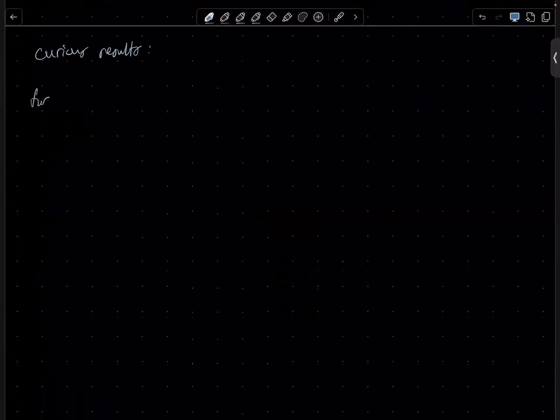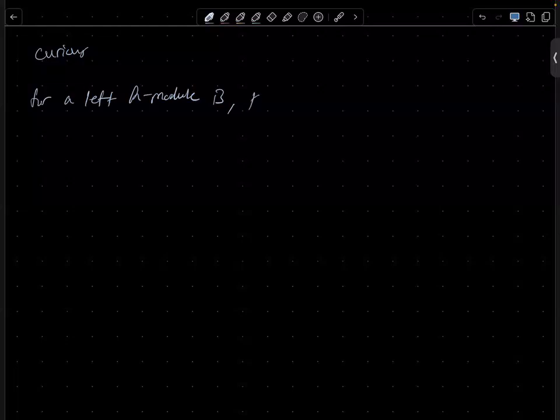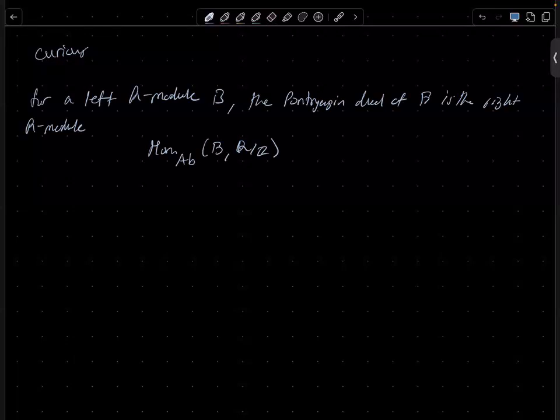So here's a definition. For a left R module B, you can define what's called the Pontryagin dual module for B. The Pontryagin dual of B is the right R module given by Hom in Ab of B into Q mod Z. If you've done any representation theory or Fourier analysis, you might have seen something like this.